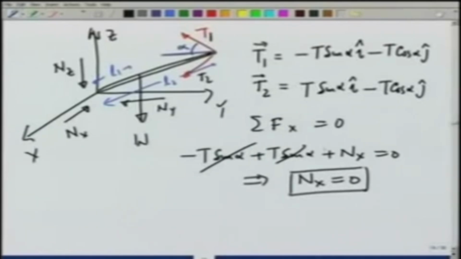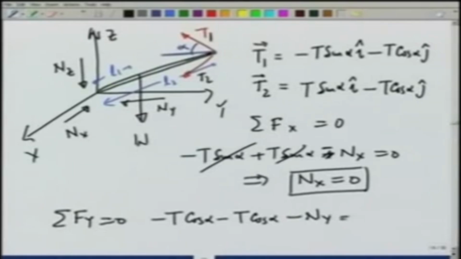It does not really matter, actually this should have been negative here. Similarly, summation Fy is equal to 0 implies that minus T cosine alpha minus T cosine alpha minus Ny is equal to 0, or Ny is equal to 2 T cosine of alpha with a minus sign.